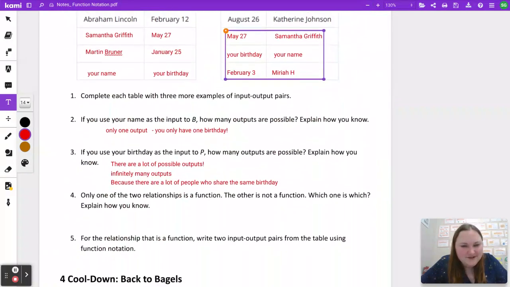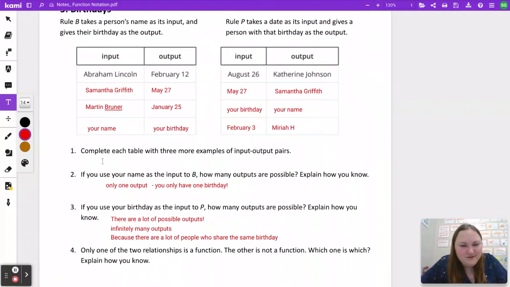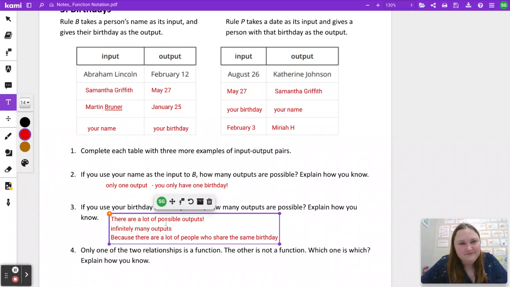So coming back to our question, think through number 4. Which one of these is going to be the function? We said a function is a relationship where each input has only one output. And so we said it was this first one here, B, that had only one output.